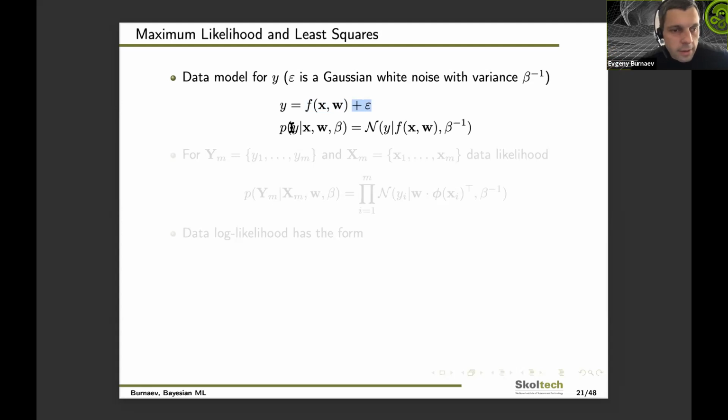That means that the distribution of output, given values of x and w and parameter beta, where beta is the variance, defines the variance of the white noise. So the distribution of y given x is given by the Gaussian distribution with mean value equal to this and variance equal to this.